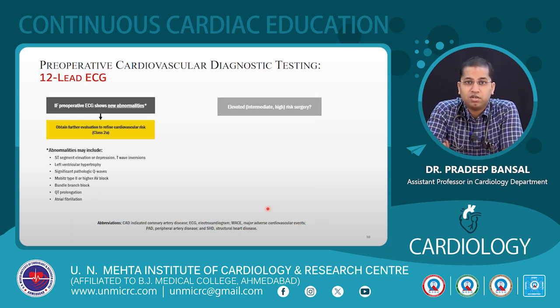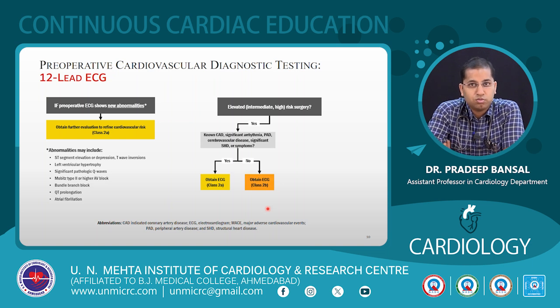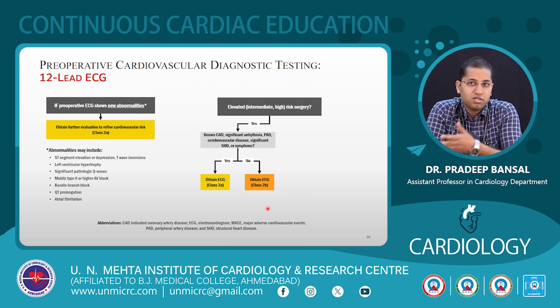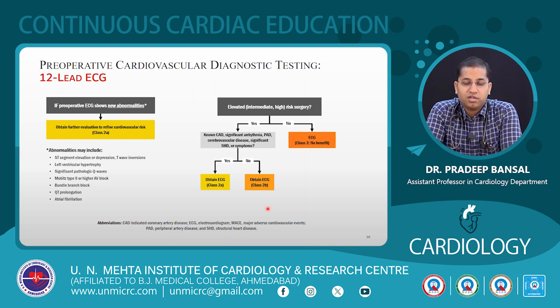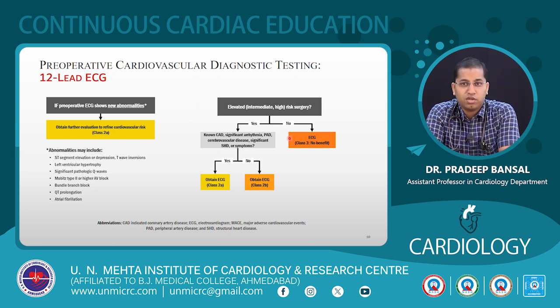Next, some diagnostic testing should be done before non-cardiac surgery to evaluate the risk. First, for elevated risk, intermediate or high risk surgery, while if there is a low risk surgery, an ECG may have no benefit.